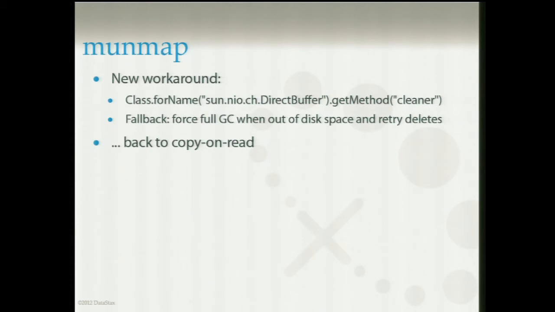So the way that the JDK actually does the unmapping, once the garbage collector says it's safe to do so, is through a method called cleaner. We actually use reflection to grab hold of that method, and when we unmap something, we go ahead and invoke that method on it manually.